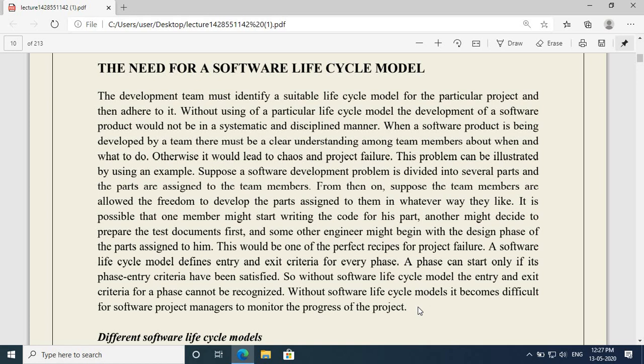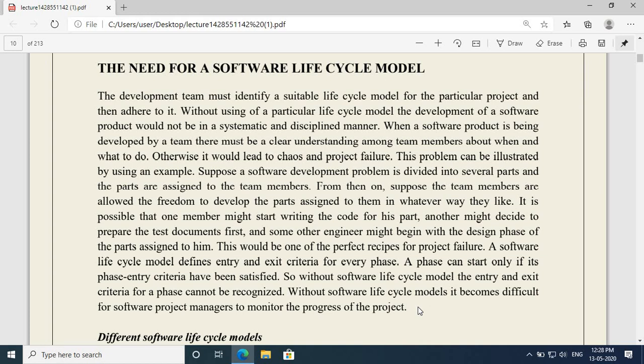Let us take an example, the waterfall model. In the waterfall model, the entry phase is known as requirement analysis and the last phase is known as maintenance and implementation. So all the team must follow this model to develop the software, and there may be no chance for failure of the software.